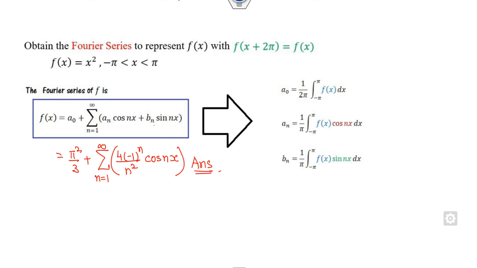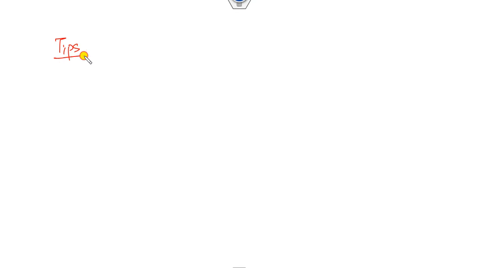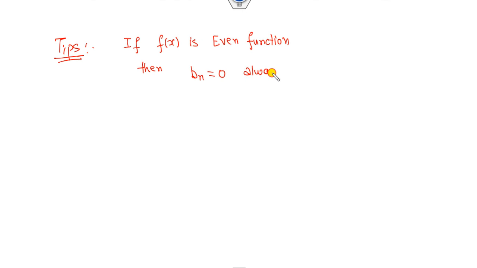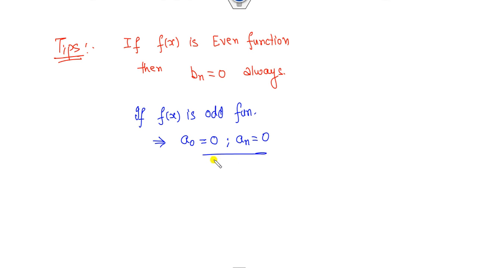Fine. Okay, before I come to the next example, just look over one tip. If your fx is an even function, then bn is equal to 0 always. If your fx is an odd function, then your a0 is 0, an is 0.